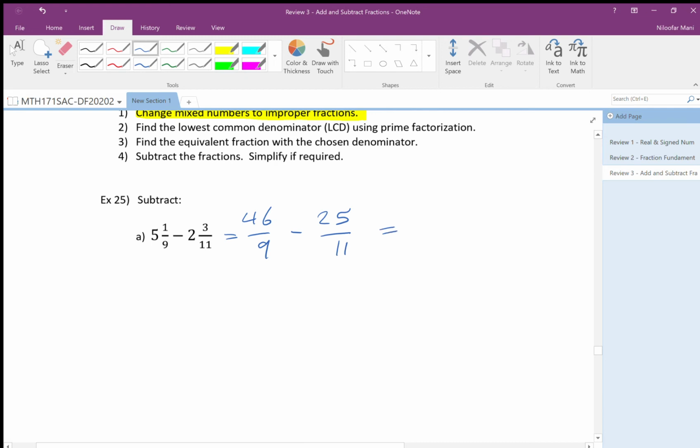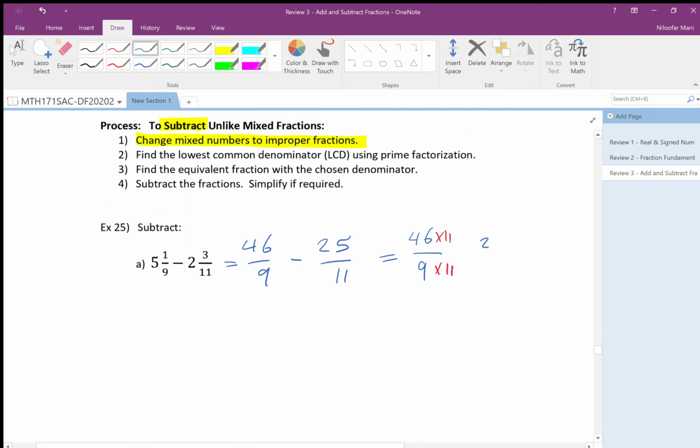Now find the least common denominator between 11 and 9. 99. Easy. Okay, so 46 over 9, I multiply with 11, and minus 25 over 11, I multiply with 9. Remember, I multiply top and bottom.